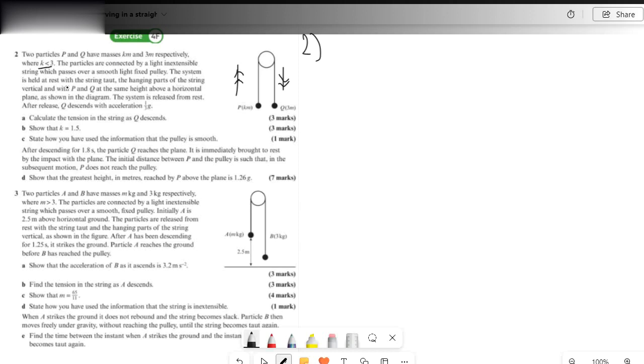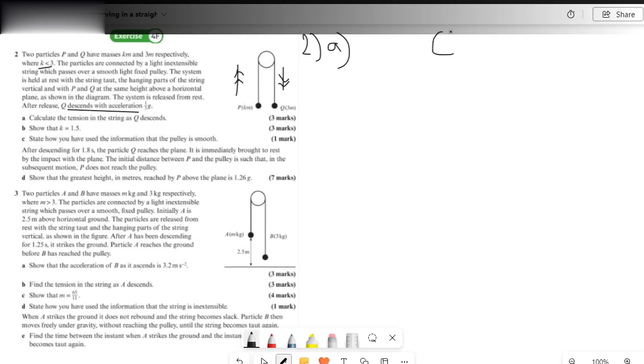The system is held at rest with the string taut, the hanging parts of the string vertical, and with P and Q at the same height above a horizontal plane as shown in the diagram. The system is released from rest. After release, Q descends with acceleration 1/3 g. So now we have to calculate the tension in the string as Q descends.